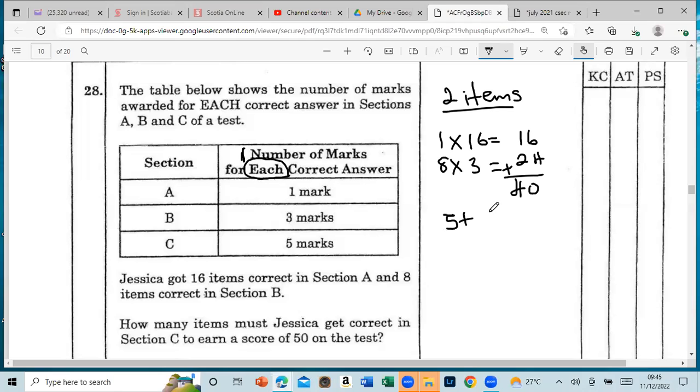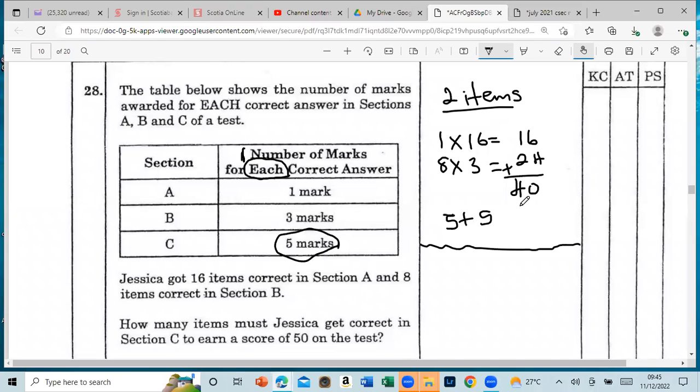Oh, so you're saying since it's 5 marks for each question, you just keep adding till you get to 50. So 40 plus 5 will give you 45, and then that gives you 50. So you added it 2 times. So it will be 2 items. Yes, sir. Very good. It's correct. It's somewhat different from mine, but it's correct.